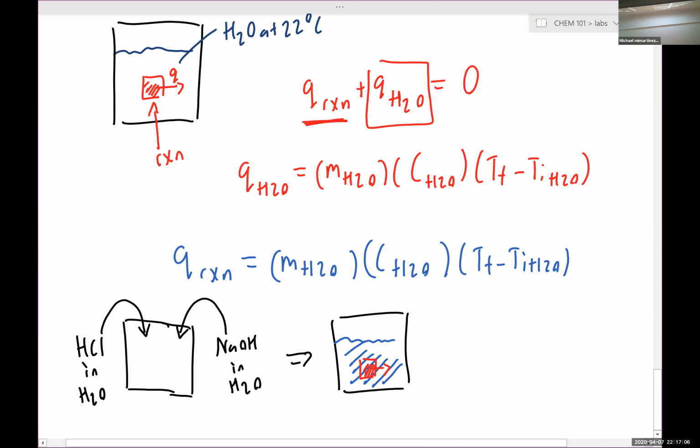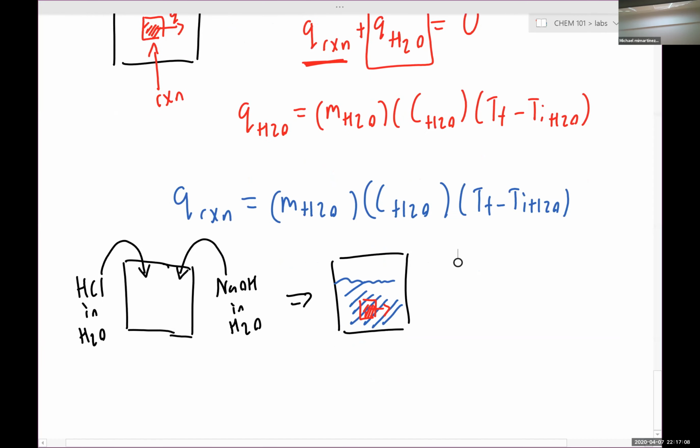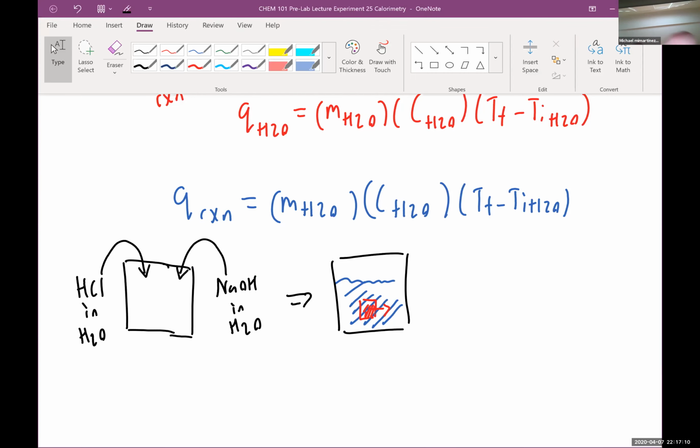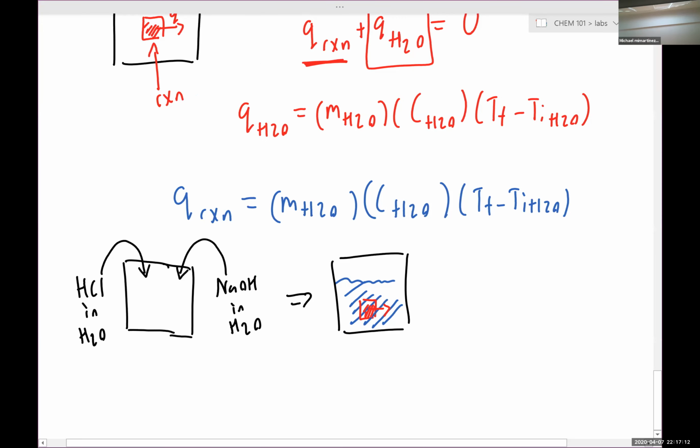So then, in terms of the mass that you're going to need to use, the mass of water is going to be equal to the total solution mass, so the total mass of both of the solutions you've combined together. The specific heat is going to be the solution specific heat, which is approximately that of water.